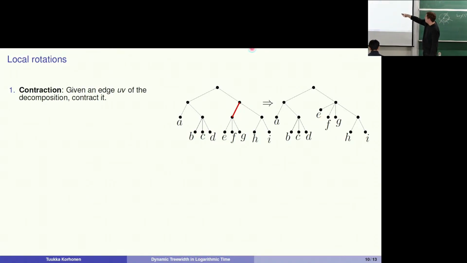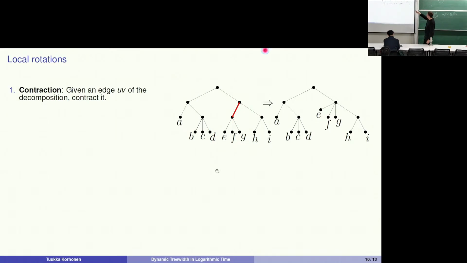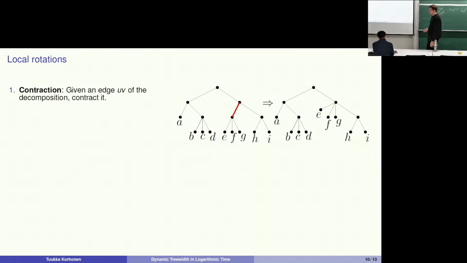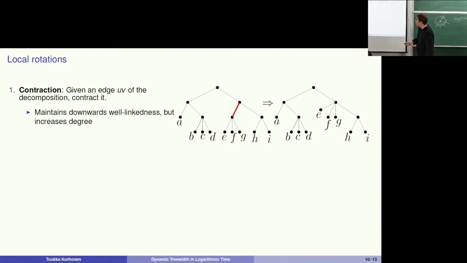If we have our branch decomposition here, and we have an edge of it here, then we can just contract this edge to get another branch decomposition. This can be done locally very fast when the degrees are bounded. We can see that this maintains downwards well-linkedness, but increases degree.